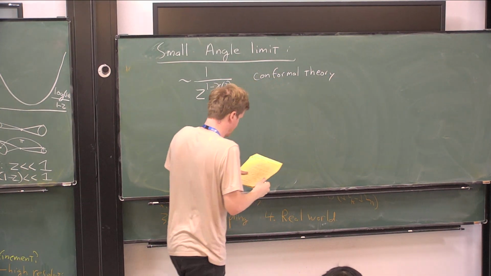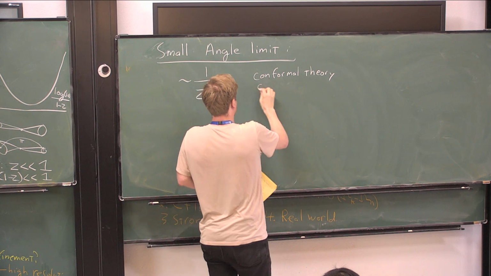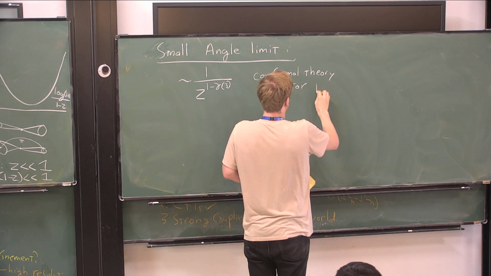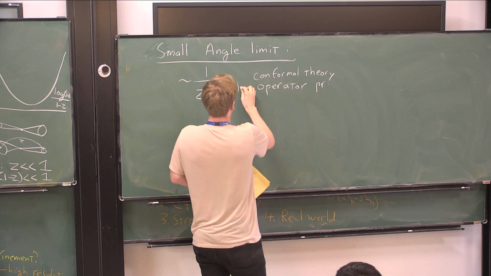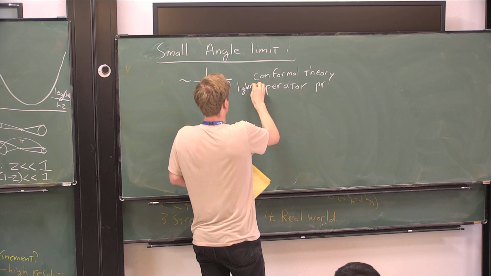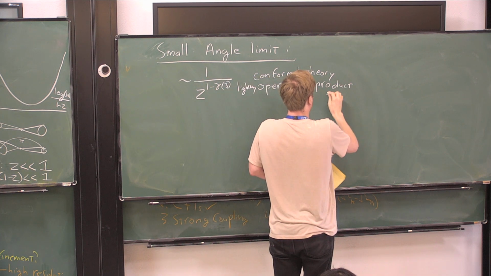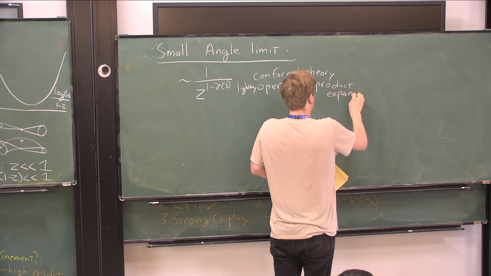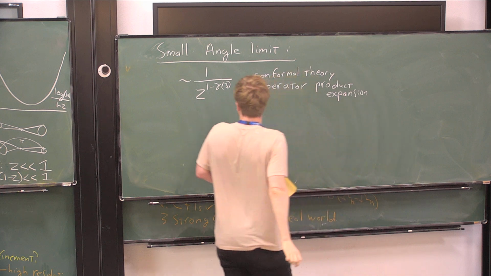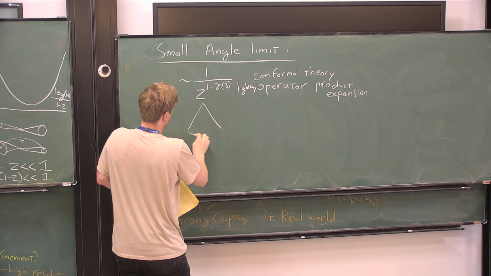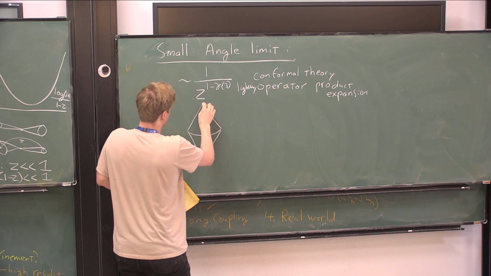you have explicitly a light ray operator product expansion. Again, for time I will not go into this, but I'll just state it. What that says is that you can take two of these detector operators and expand them over some other set of detector operators.